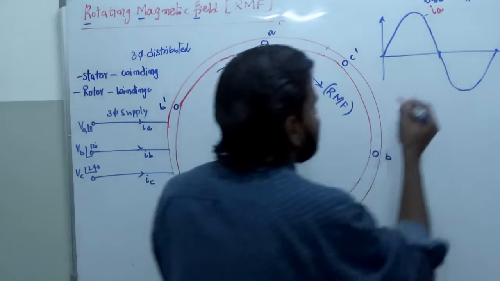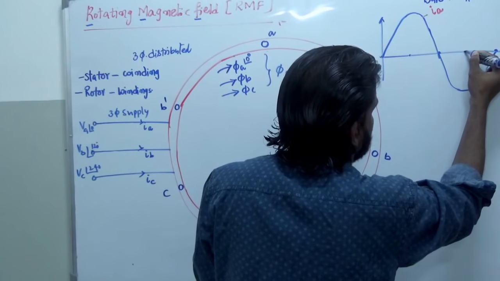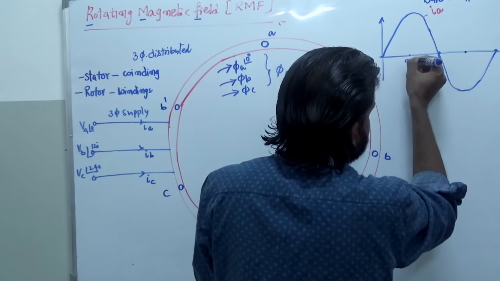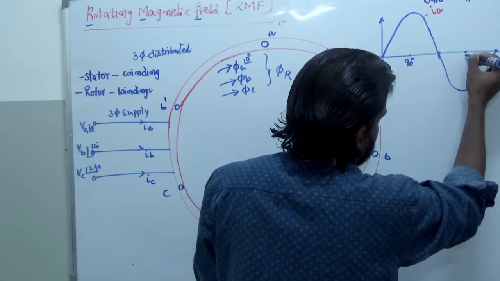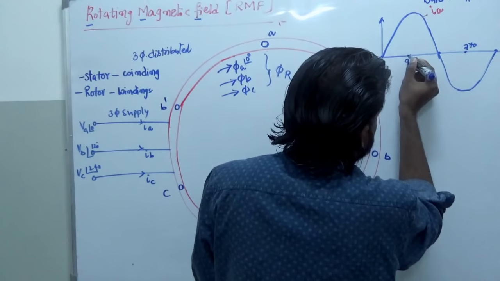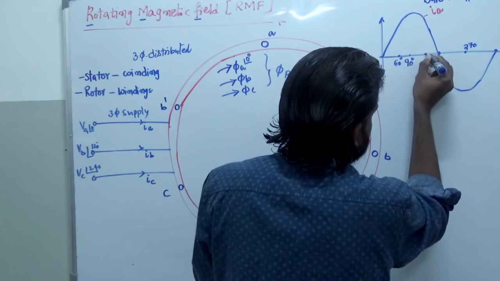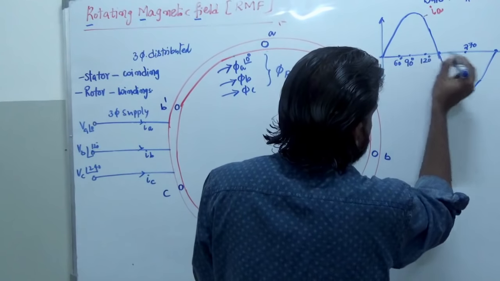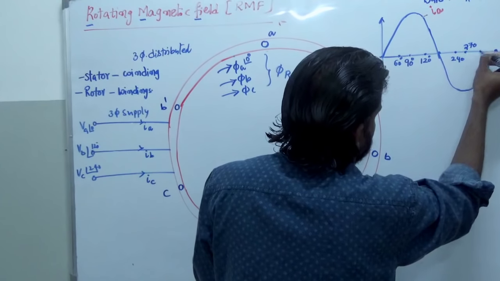Next, IB. The easier way of drawing it is to take the peak points. This is 90 degrees, and this is 270 degrees. So minus 30 will be 60, plus 30 will be 120. Minus 30 will be 240, plus 30 will be 300.